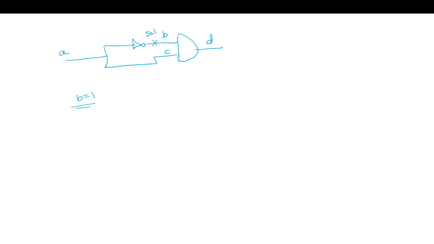Now to backtrace, we have to come till the primary input. So the primary input connected is A. So A is equal to 0. We can simulate this A equal to 0. And what do we observe? B is actually D. C, we have simulated A equal to 0, so C equal to 0. D is also 0. Because of 0 here, the fault is masked.